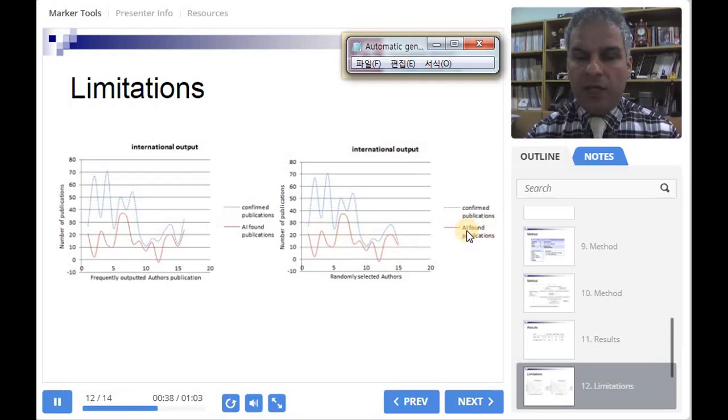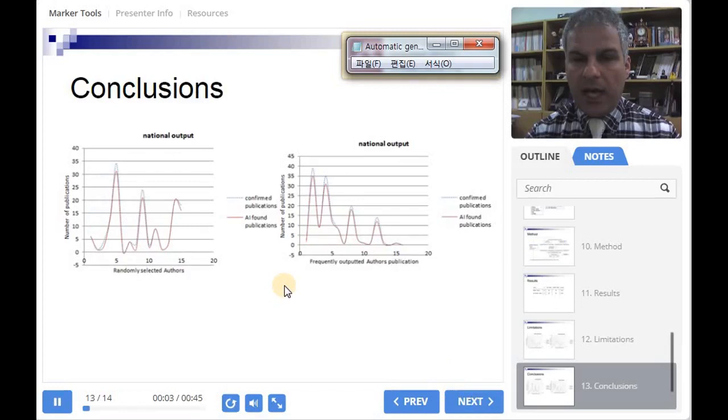In the graph, you can see the difference between found articles and existing confirmed articles is much higher for international articles than national articles. We hope to address this issue in our next article. Our national output shows much better results.